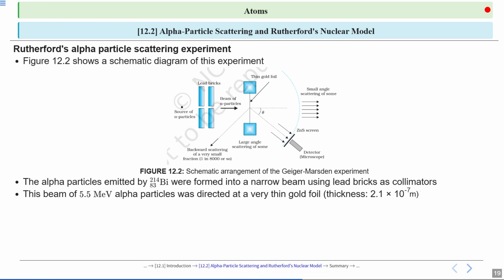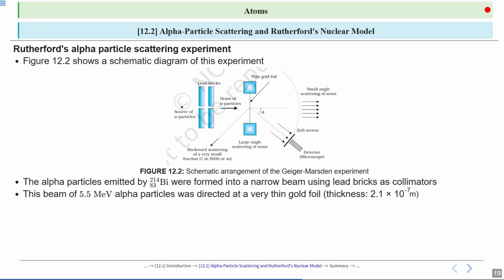This narrow beam of alpha particles, each with an energy of 5.5 mega electron volts, was aimed at a very thin sheet of gold foil. The foil was only 2.1 times 10 to the power minus 7 meter thick, which is extremely thin, about 1,000 times thinner than a human hair.